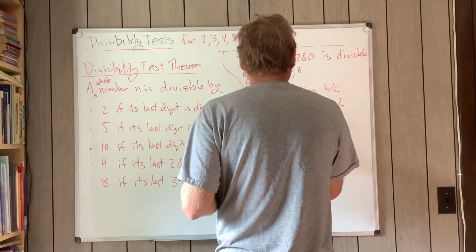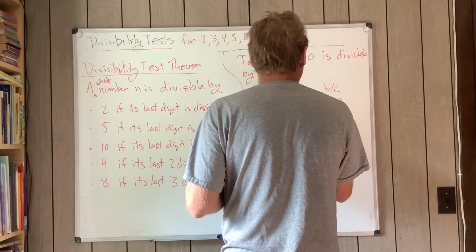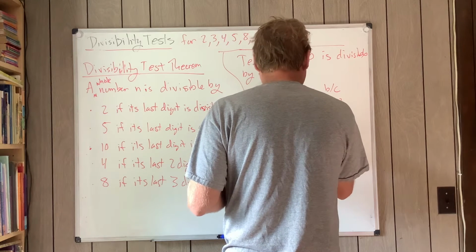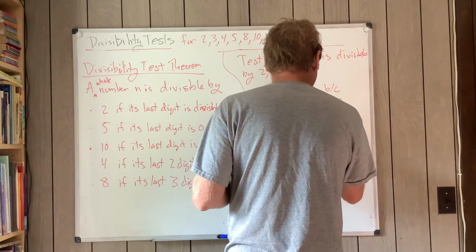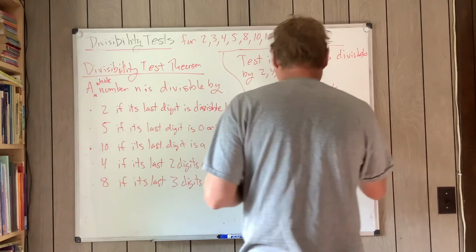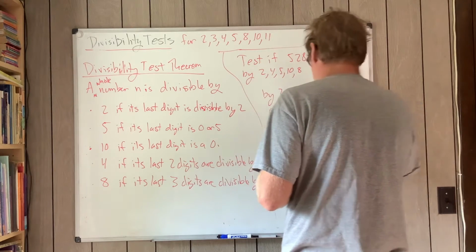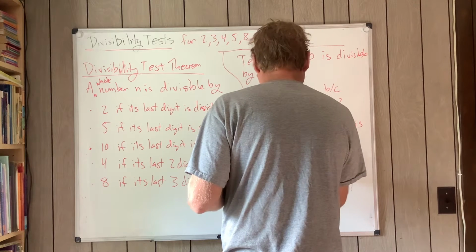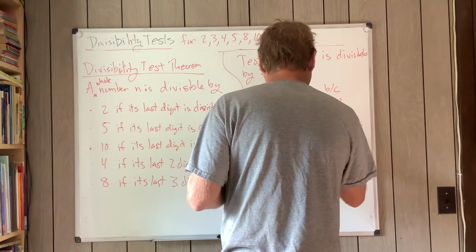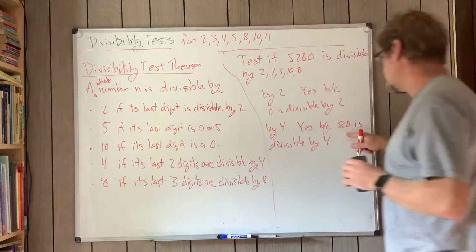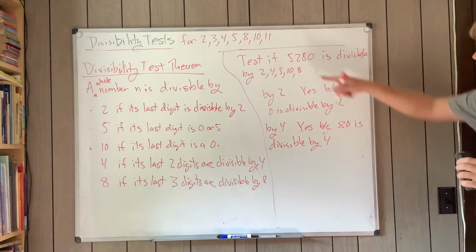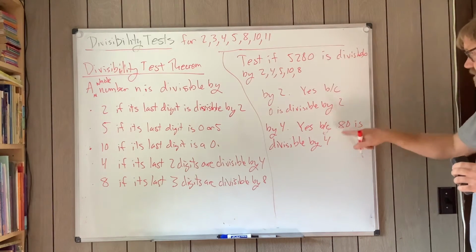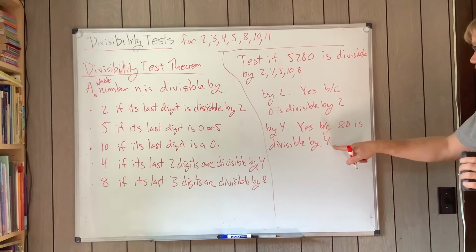By 4, yes, because 80 is divisible by 4. Pretty straightforward. I take the last 2 digits, and 80 is divisible by 4.